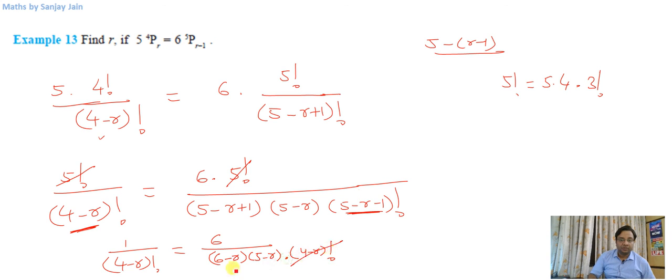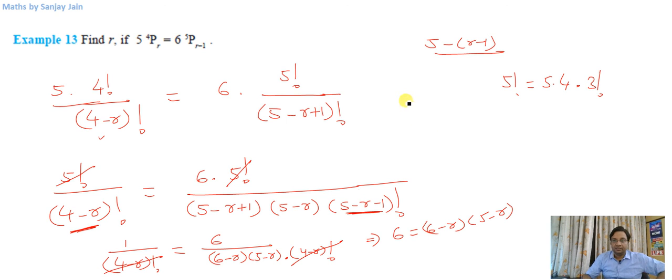So this can be cancelled here because, even if r equals 4, will this be valid? Yes, because 0 factorial in the denominator is okay. So let's not worry about that. 4 minus r factorial can be cancelled, and this will imply that 6 is equal to 6 minus r into 5 minus r. It will again give me a quadratic which I need to solve to find r.